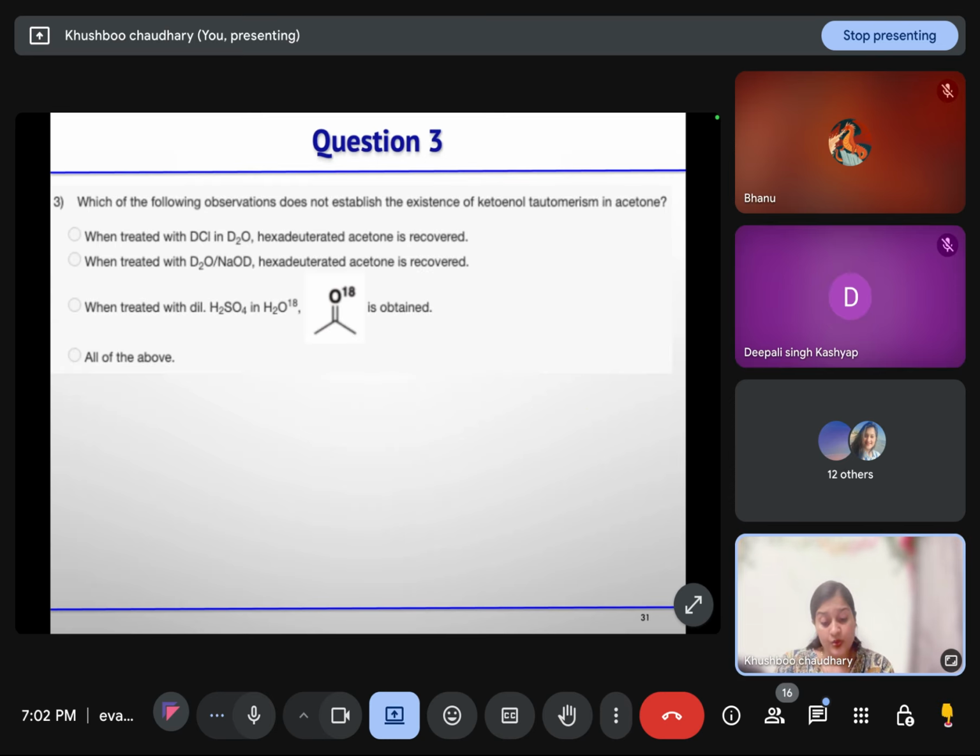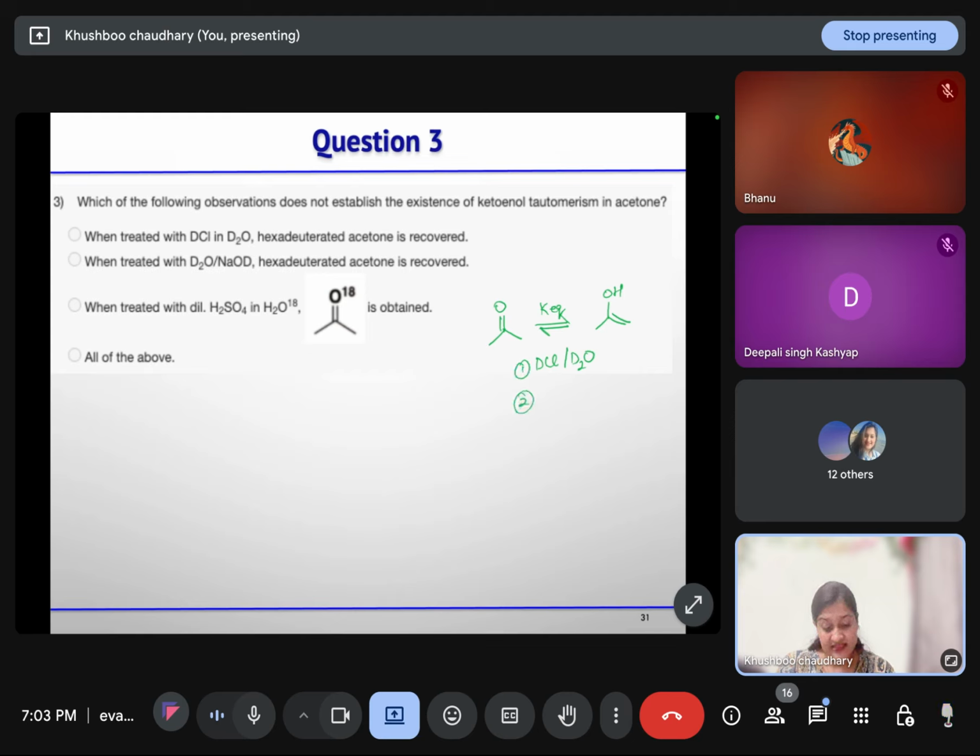Third question. Which of the following observations does not establish the existence of keto-enol tautomerism in acetone? You have acetone and you are forming the enol form. Now for this equilibrium, first is when treated with DCl in D2O, whether it will favor the enol form or not.